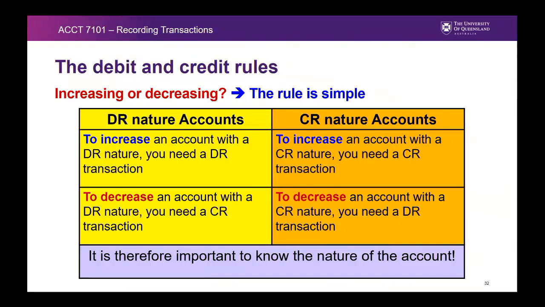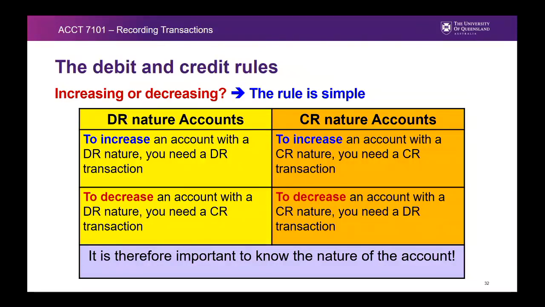And to increase an account with a normal credit balance, equity, liability and income, we'll use a credit. So we're just replacing our plus or minuses that we looked at earlier with debits and credits, depending on the nature of the account.